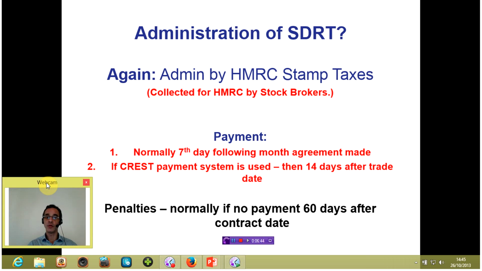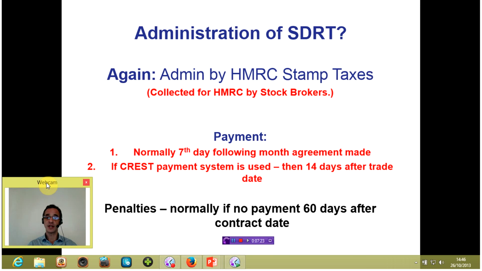In terms of payment, normally the 7th day following the month in which the agreement was made, but the CREST system is an automated system that captures all transactions, and in that case the amount of stamp duty reserve tax will be payable within 14 days of the trade. So just bear that in mind in terms of the difference between the administration of payment for stamp duty versus stamp duty reserve tax, just slightly different.